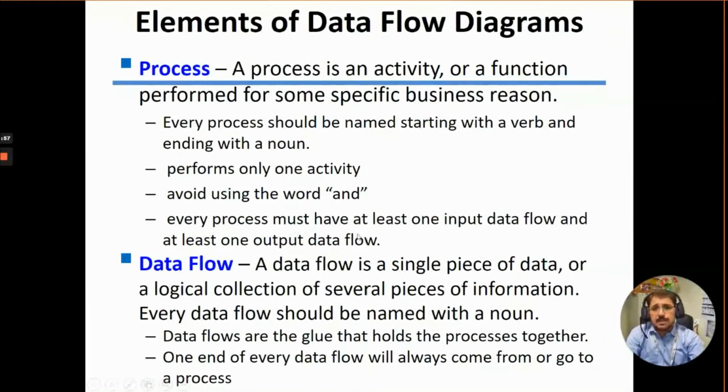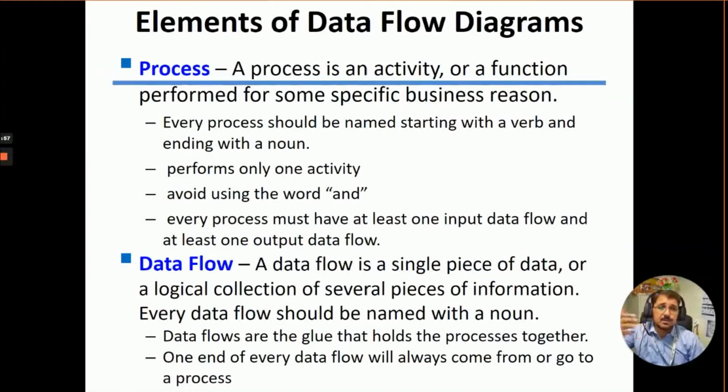Another one. Every process must have at least one input data flow and at least one output data flow. You see, a process cannot start without any input. For example, order processing. You cannot process the order unless someone orders first.